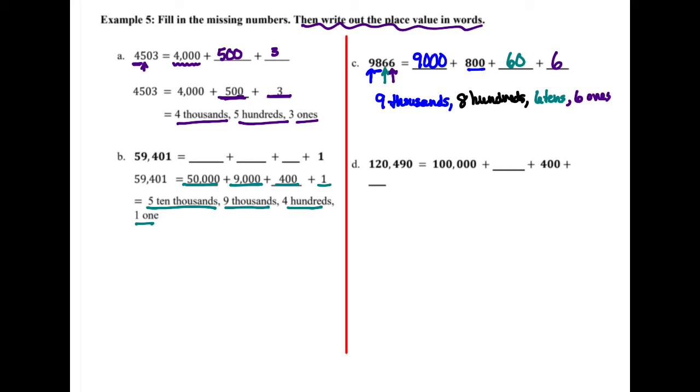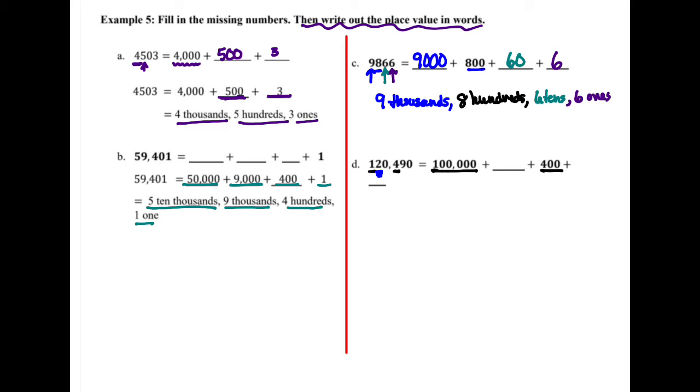Okay, now let's look at this next one. Okay, so they have the ones already in place right there, and it's in the hundred thousandths place, so that one's done. You also see the 4 is done. It's in the hundreds place. Okay, so we need to do the 2.